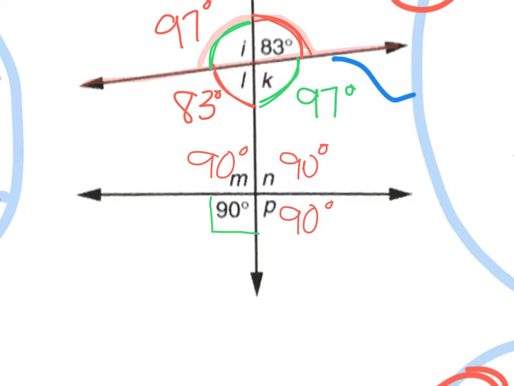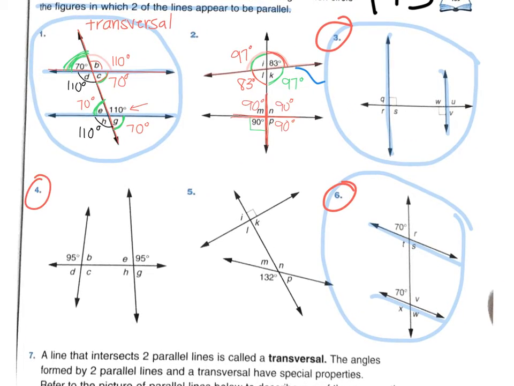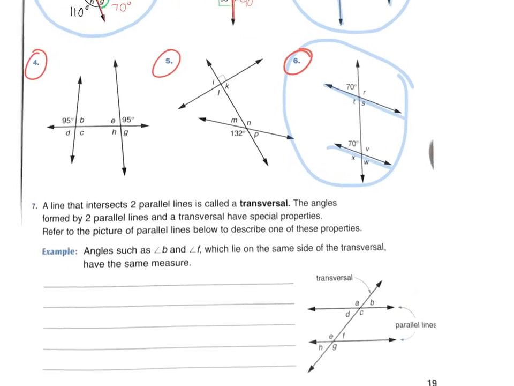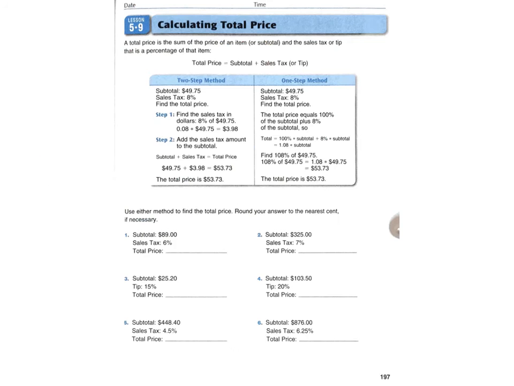Because that shows me that these lines are intersecting to make a perpendicular angle here, which means all of them have to be perpendicular. So now with number 2, you'll use that reasoning to help you solve 4 and 5. And then if you look down at the bottom, it's asking you a question about transversals. I do want you to try this, so make sure that you go back and do number 7 as well.